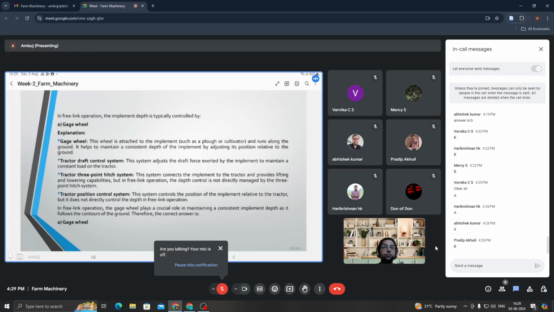But in free link operation, depth control cannot be done directly by the 3-point hitch system. The tractor position control system controls the position of the implement relative to the tractor, not directly the depth. Position control system and draft control system will both be dealt with in great detail in tractor system design. The right option is this one, gauge wheel only.